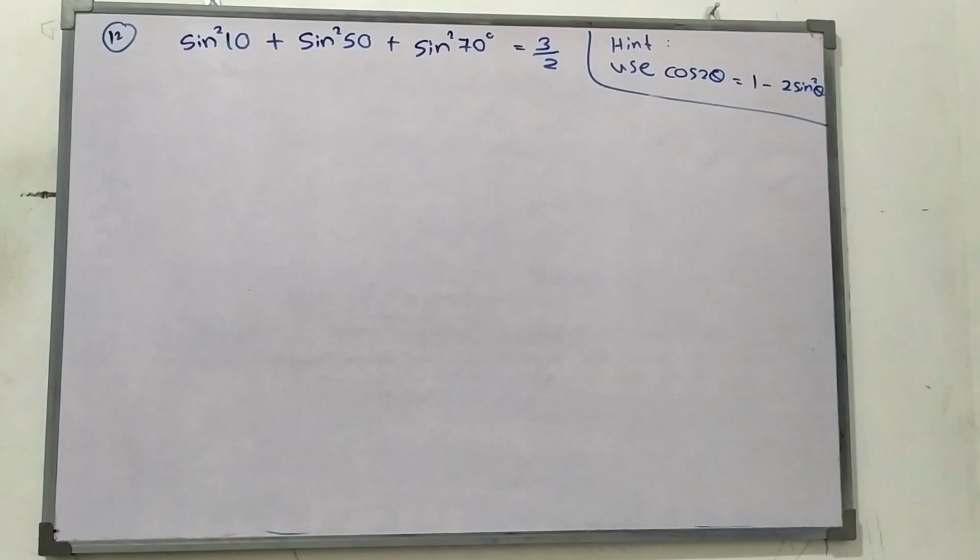Okay children, this is my next example. Sine squared 10 plus sine squared 50 plus sine squared 70 should be equal to 3 by 2. They have provided the hint: use cos 2 theta as 1 minus 2 sine squared theta. So I am starting from the left hand side.